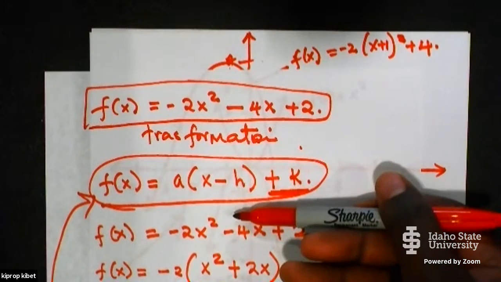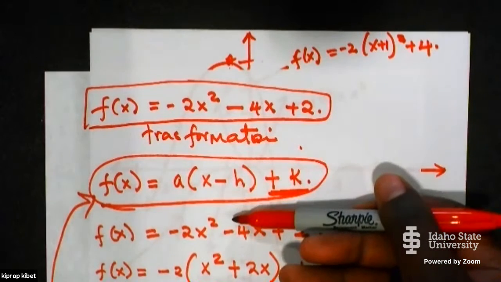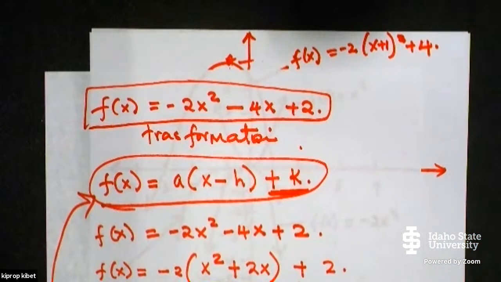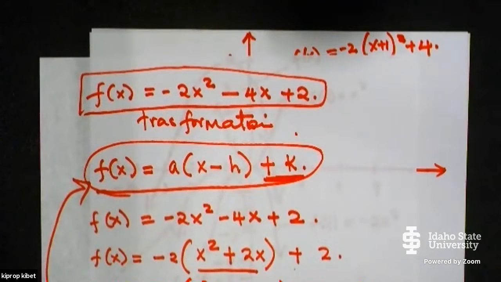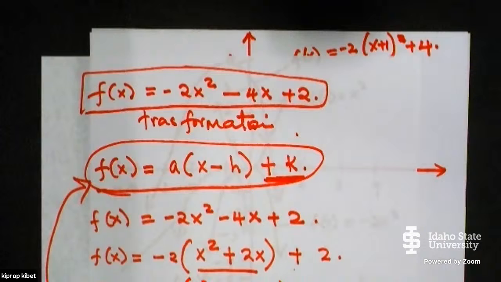Positive in our case, okay? So it will go to the left. And then if this is negative here, then it will go what? Down, 4 steps down, like what we did in the previous one. Any question?